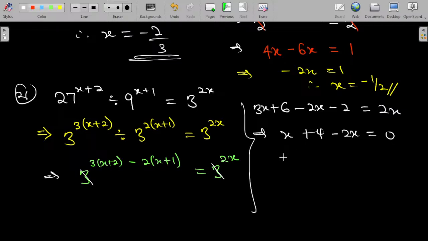Anyway, you can see that bringing over this 2x is not the best, so we could have taken x to the other side. Here, if we take our 4 this way, it will be negative 4. However, both of them will give you the same answer. So minus will cancel minus, and our x will be equal to 4.